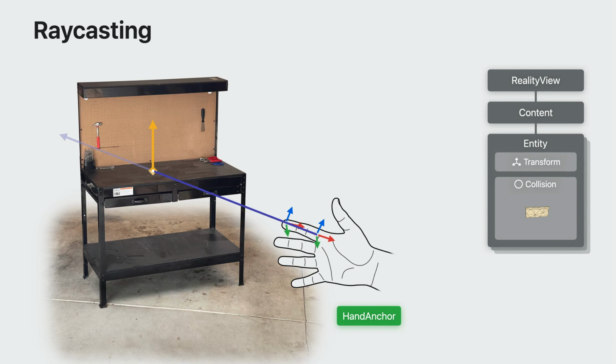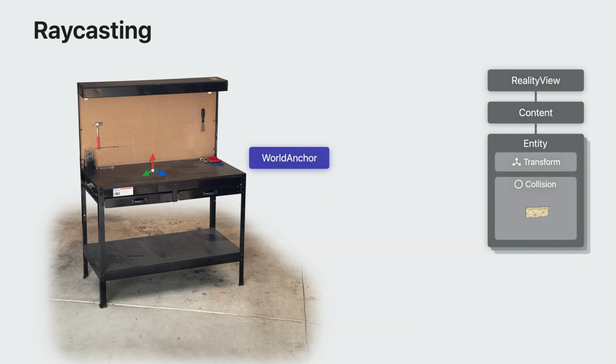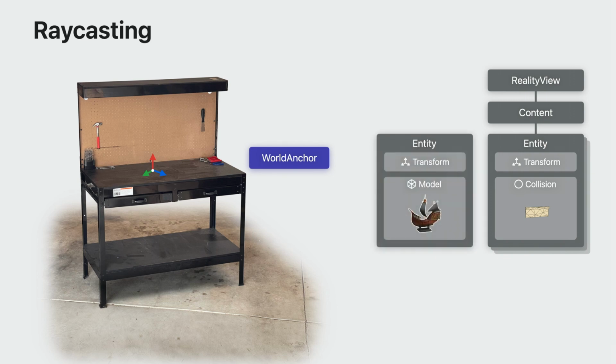Once we identify a position in the world to place our content, we'll add a world anchor for ARKit to continuously track this position for us. ARKit will update this world anchor's transform as the world map is refined. We can create a new entity to load our ship's model and set its transform using the world anchor update, positioning it where the user wanted.